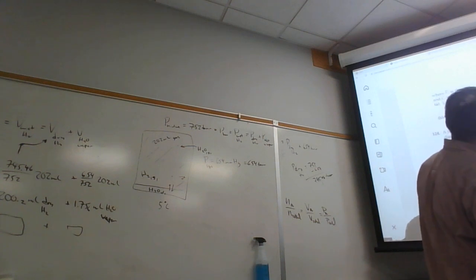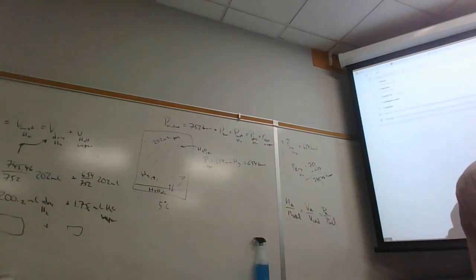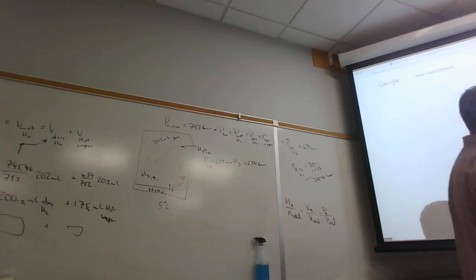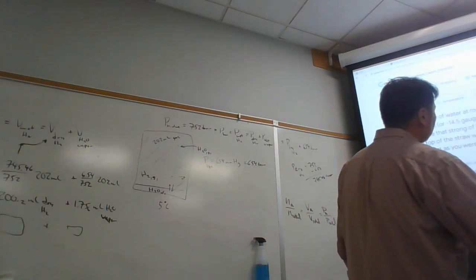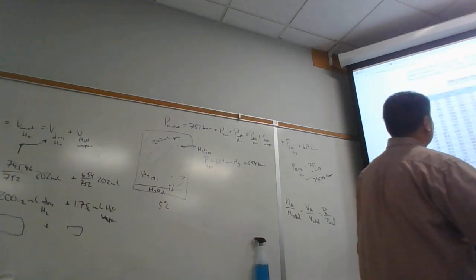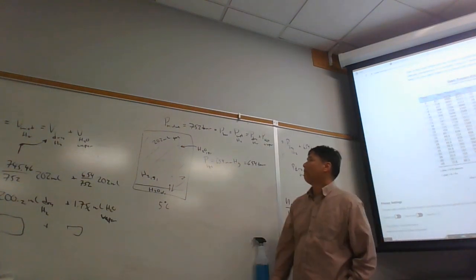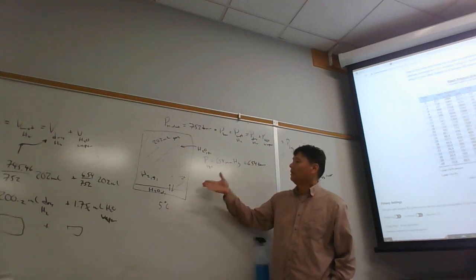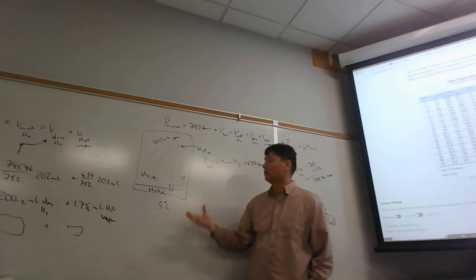If we go to the vapor pressure table, we would have to do this because we need to do Dalton's, because the volume fraction is what we call extensive.